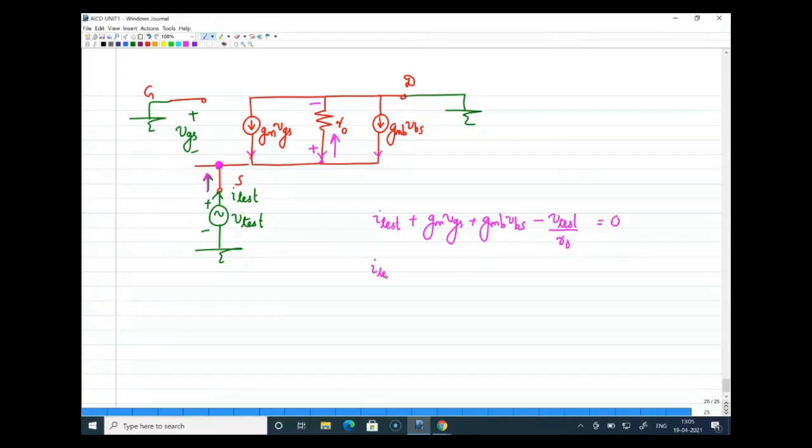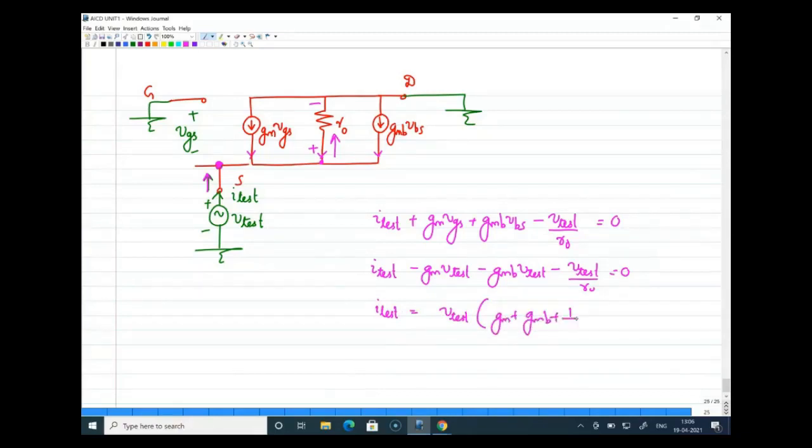And now I am just writing it as Itest minus gm Vtest minus gmb Vtest minus Vtest by R naught is equal to 0. Or if I take Vtest to the other side, and do Vtest by Itest, for clarity, Itest is equal to Vtest into gm plus gmb plus 1 by R naught.